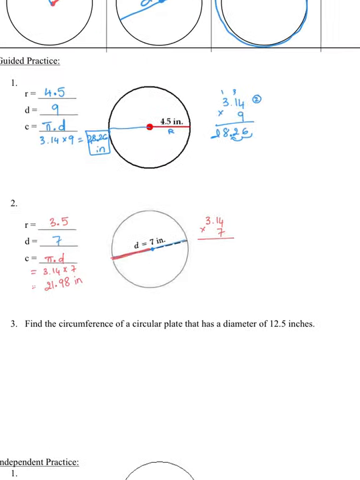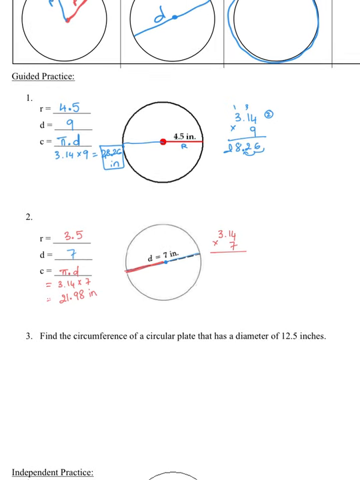Number 3, find the circumference of a circular plate that has a diameter of 12.5 inches. I'm given the diameter and I'm looking for the circumference, so I will use the formula that has the diameter.